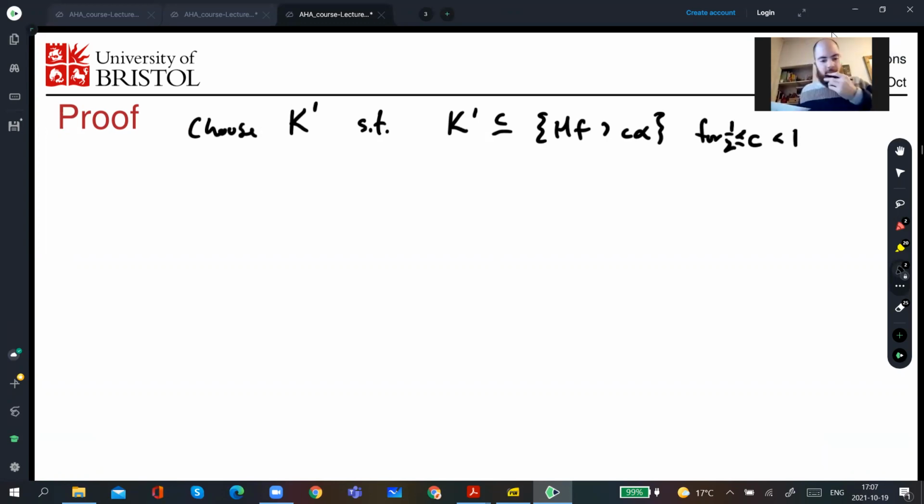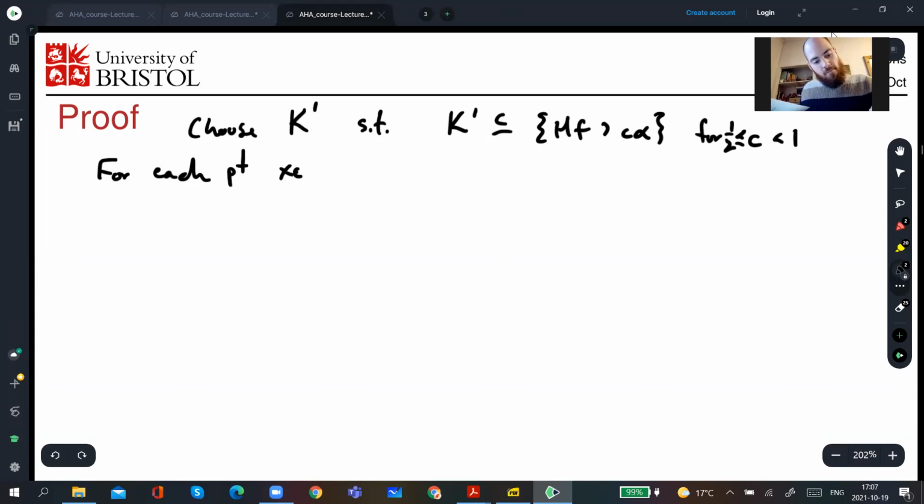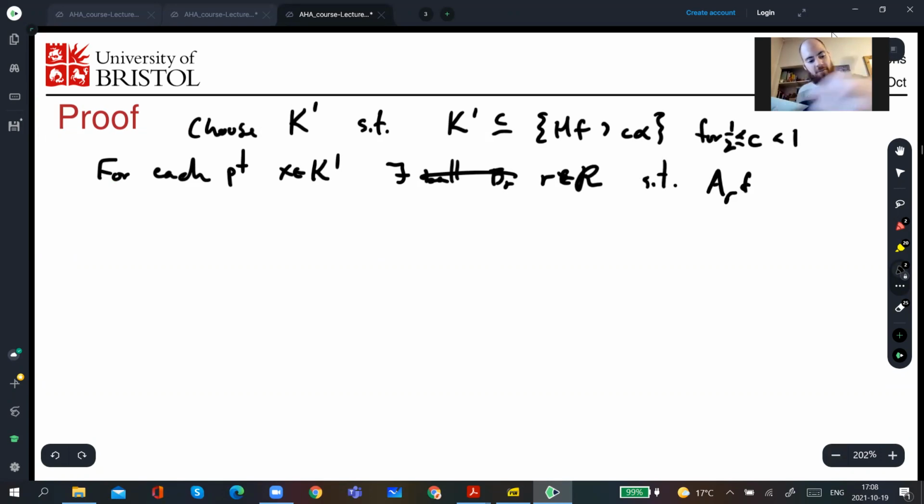Okay. So let's write out what this means. I can find for each point x in K prime some ball, say B of r, well, so radius really. There exists some r in R such that the average of my function at that point is greater than C alpha.